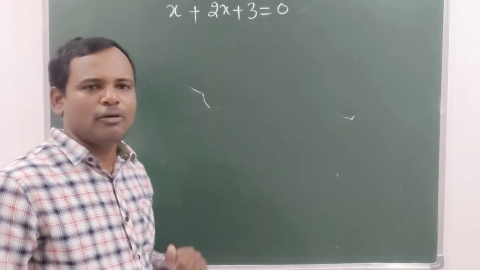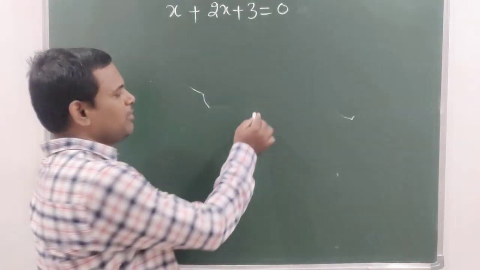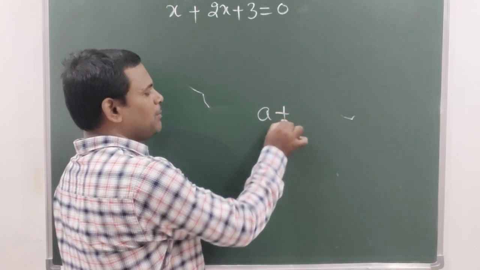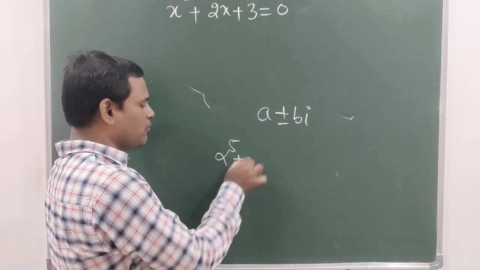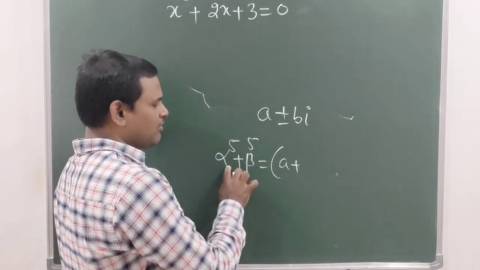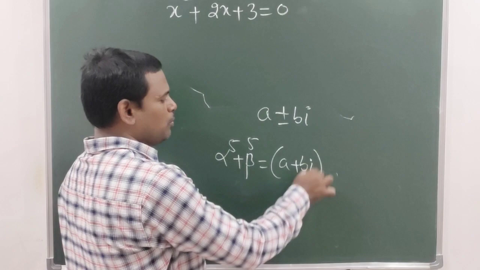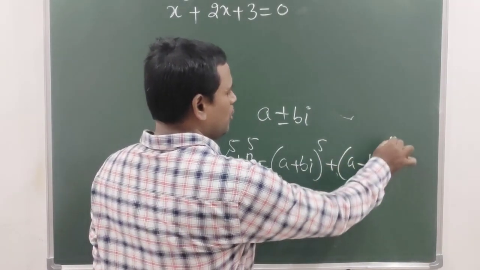Suppose if you want alpha power 5 plus beta power 5, that complex roots, see, we may get in this form, a plus or minus bi. So here one of the root a plus bi whole power 5 plus a minus bi whole power 5.